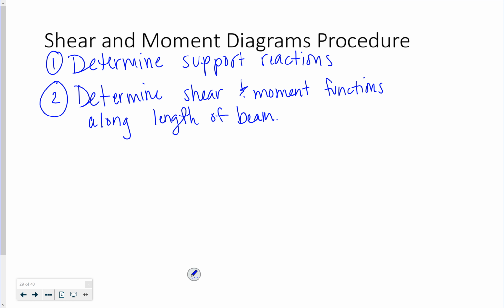Follow the procedure that we previously discussed, and then you're going to plot them. That's really the biggest difference: we've already developed them, now we're going to plot them.